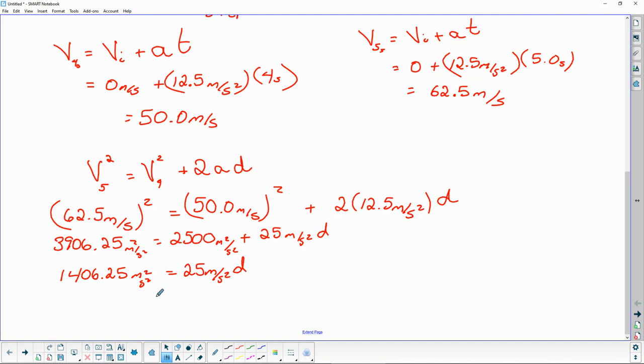Now if we divide out 25 meters per second squared, 2 seconds will cancel out, and 1 meter will cancel out, and we'll be left with meters. So you take your 1406.25, divide by 25, and we get a distance to 3 significant figures of 56.3 meters.